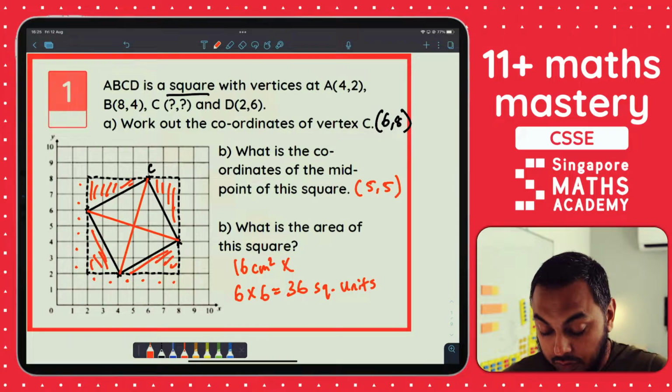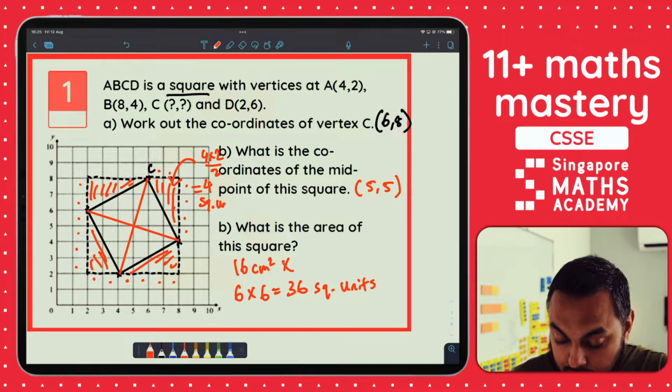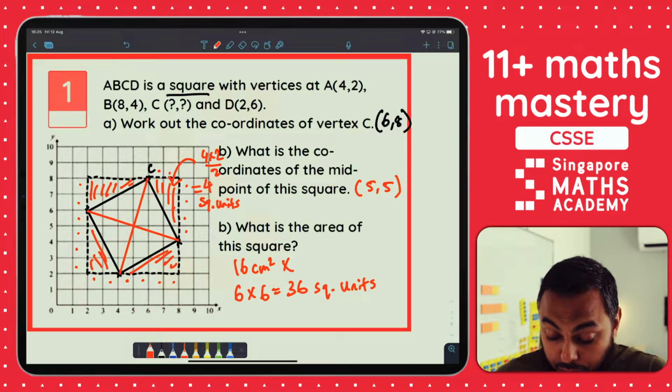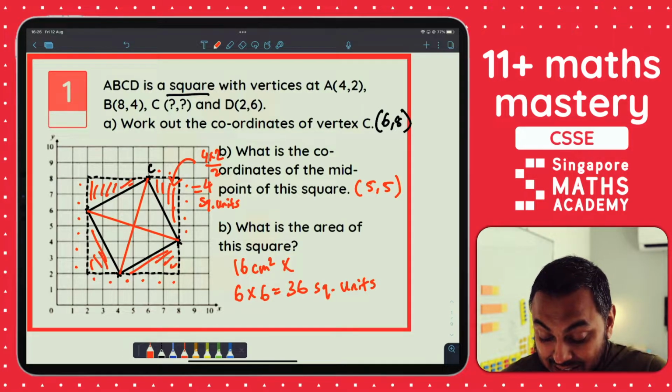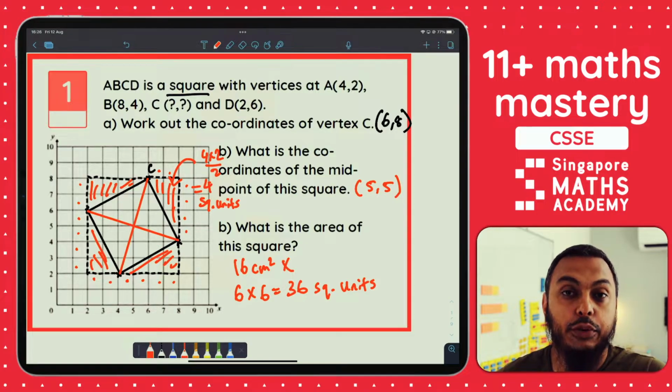I've got 4 lots of those. This is a 4 by 2 triangle. So 4 times 2 divided by 2 is equal to 4 square units. And so I've got 4 lots of 4 square units. That's 16 square units that I don't want in my final area.